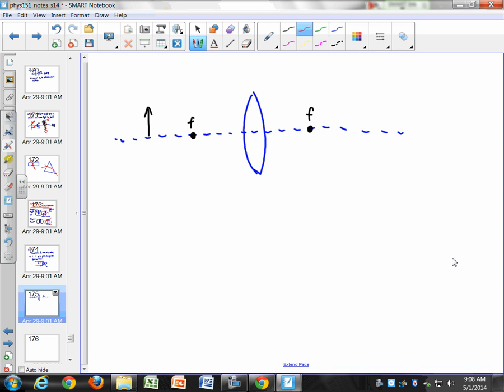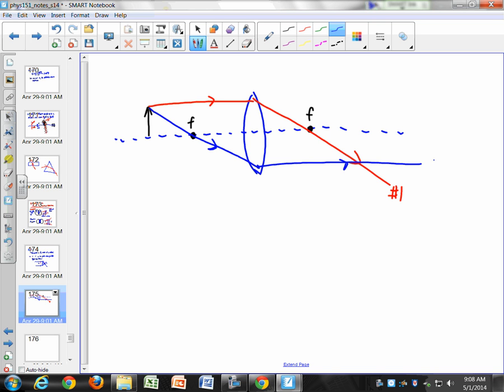I can draw one ray that goes parallel to the axis, like that, and then it goes through the focal point. That's how we define the focal point. Right? I can draw another ray that goes through the focal point, like that, and then it goes parallel to the axis. I'll call this ray number 1, and I'll call this ray number 2.